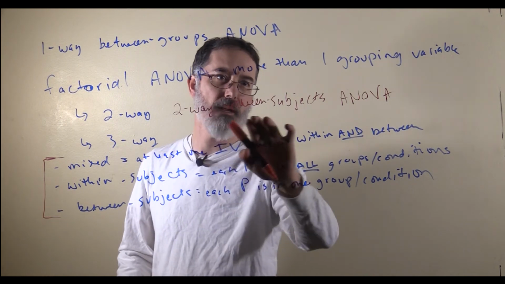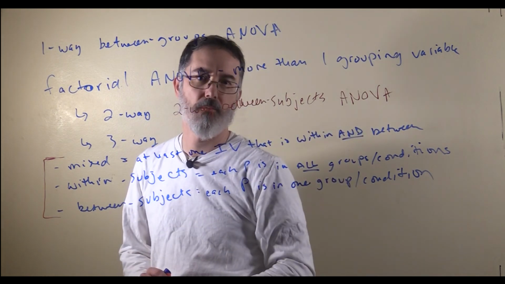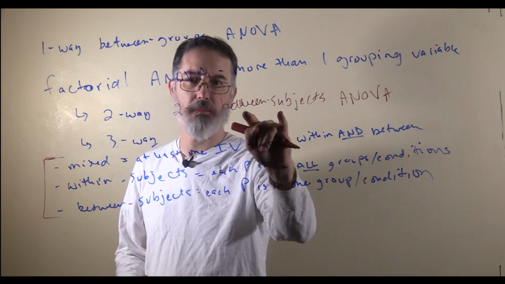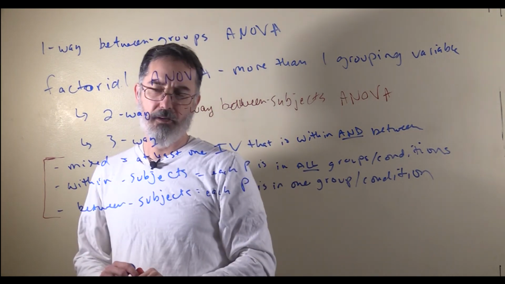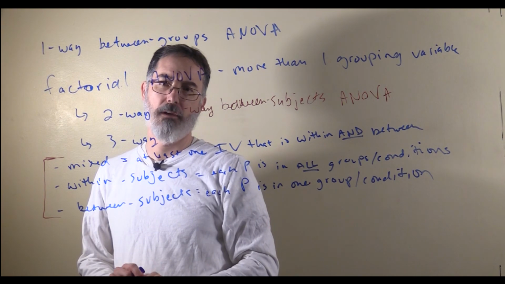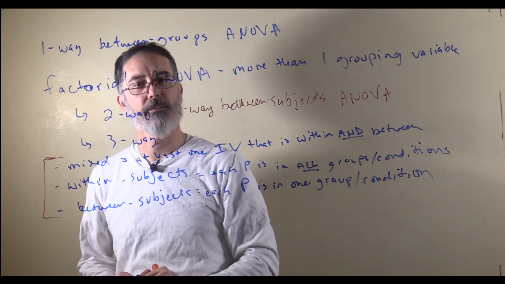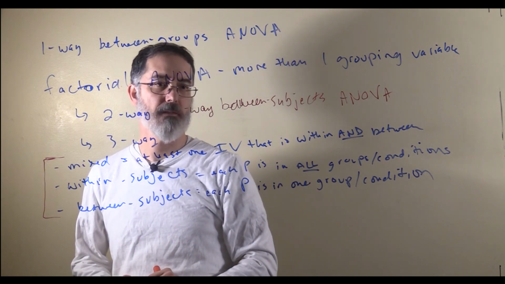And this is the simplest kind of factorial ANOVA, so we're going to start with that. And when we're done talking about factorial ANOVAs, the between subjects version, we'll talk a little bit about within subjects ANOVA, but I don't even think we'll talk about the three-way or more complicated versions of ANOVAs for this class.